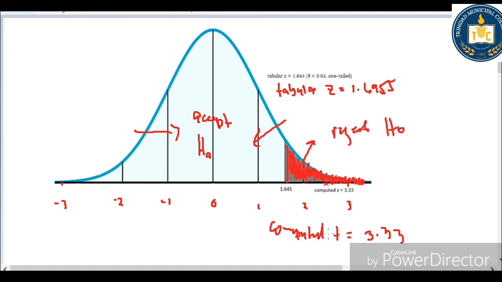If our computed t is less than the tabular value, in that situation we accept the alternative hypothesis. But in this situation, our computed t is 3.3, which falls within the rejection region beyond the tabular z of 1.6955. So we reject the null hypothesis.